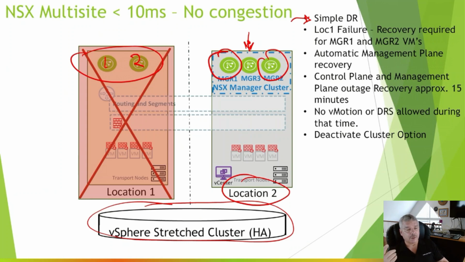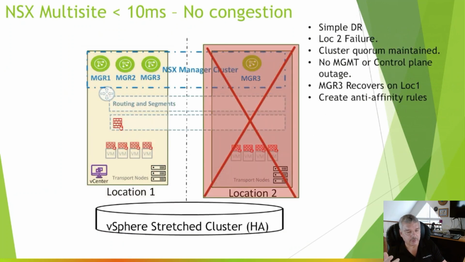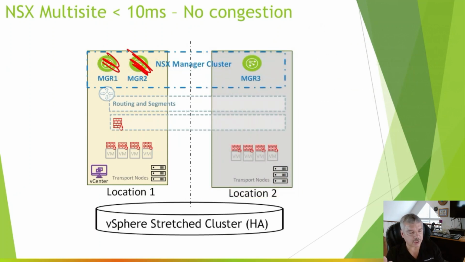If I lose managers 1 and 2, manager 3 is still there, but I would have lost quorum. Manager 3 will say, I can't see 1 and 2, I must be isolated. And basically it goes into what's called read-only mode. Essentially it disconnects from all transport nodes, and it's essentially doing nothing. Okay? It may as well have failed.